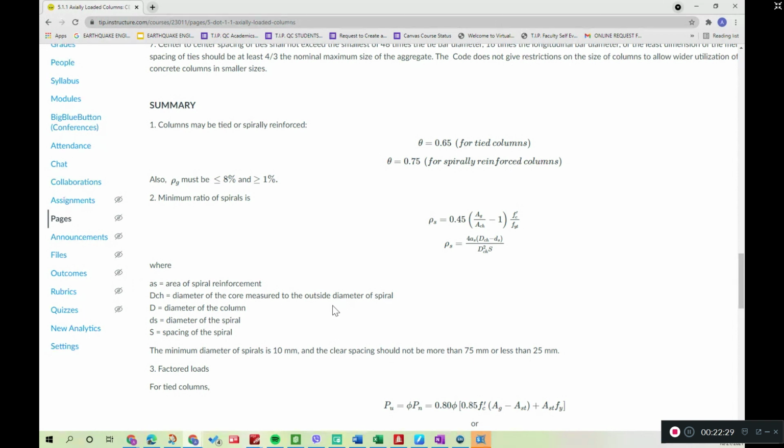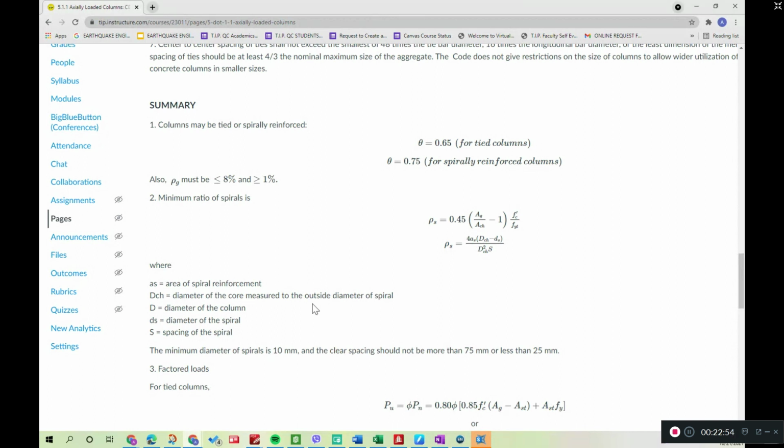What does it mean? The spiral is like that, and when you pour it, the core includes the volume of the concrete within the spiral, and that is why the code says it should be measured to the outside diameter of the spiral.